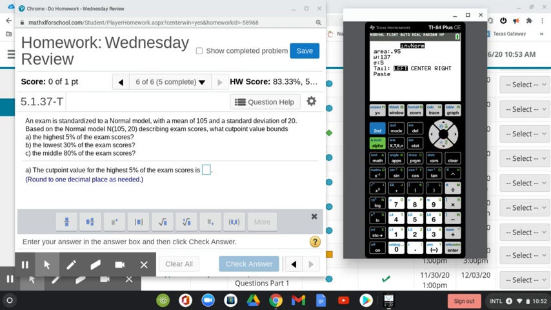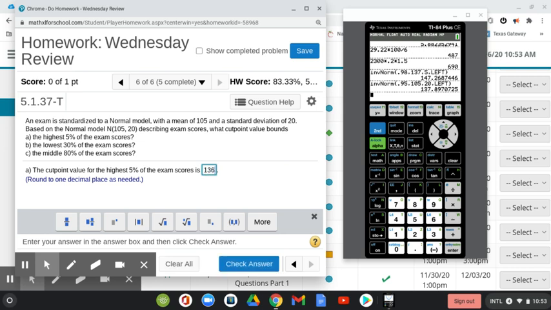My norm is 105, and then 20 is my standard deviation. And then I want to do left. And so I'm going to go down to paste and enter. And it's 137.89. The one decimal place is 137.9.